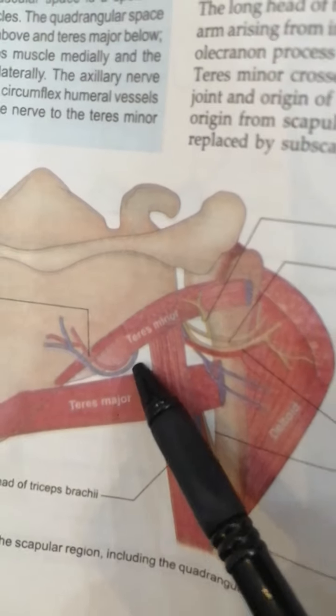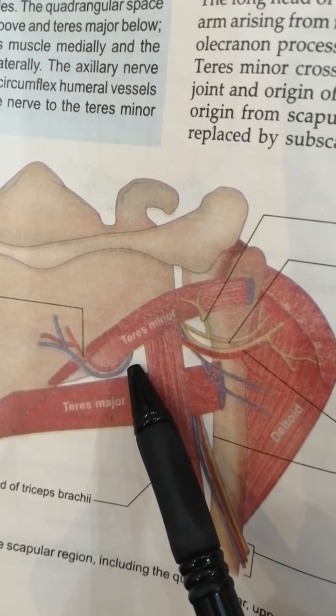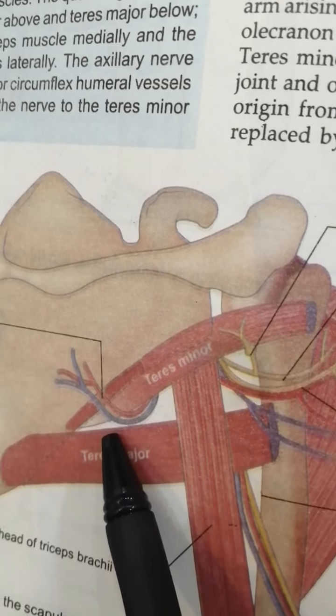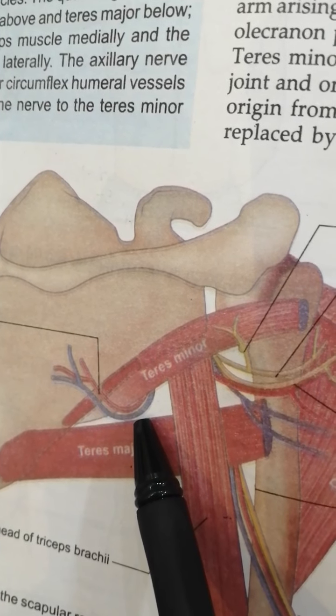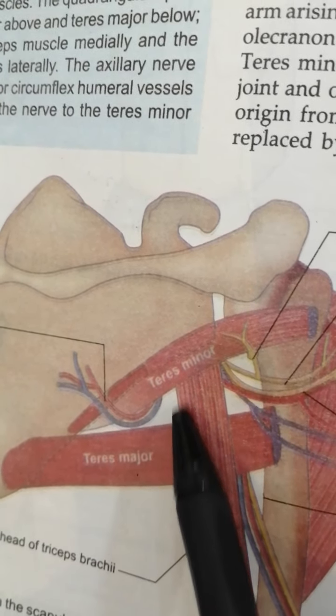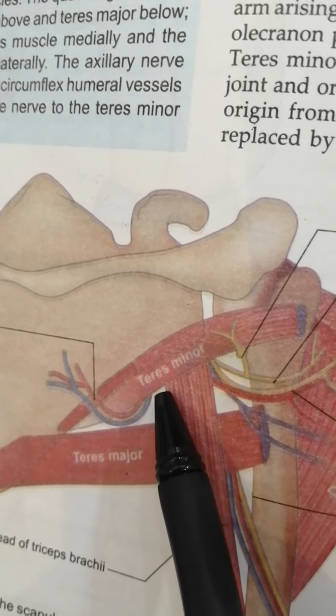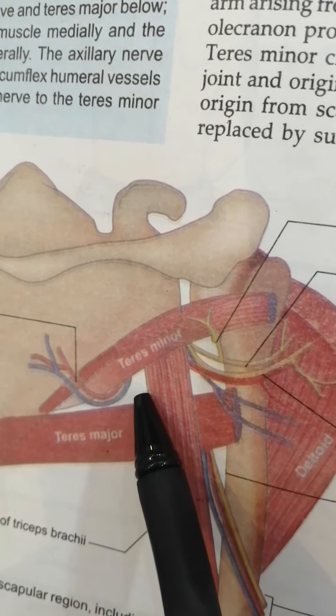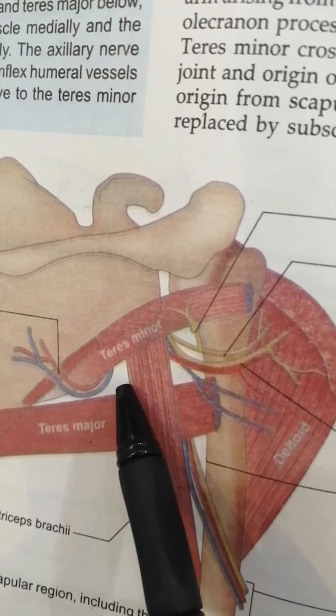This is the upper triangular space. Simple. The superior boundary is the inferior border of teres minor, the inferior boundary is formed by the superior border of teres major, and this one is the lateral boundary, which is formed by the medial border of the long head of triceps brachii.